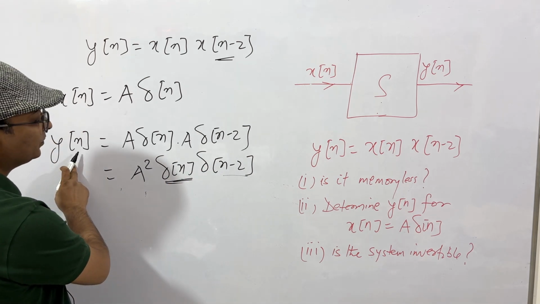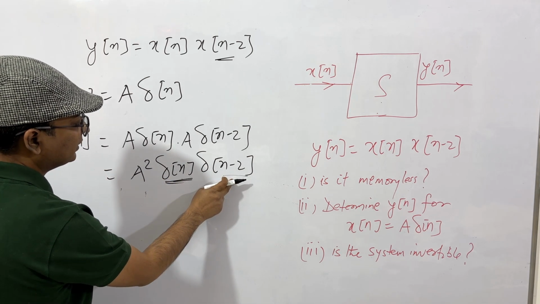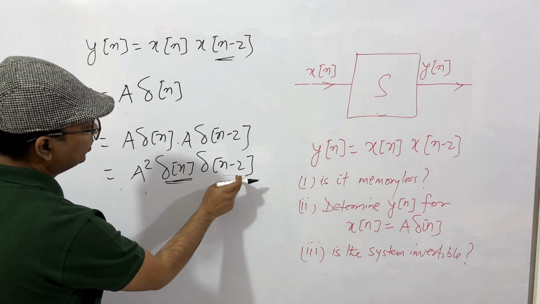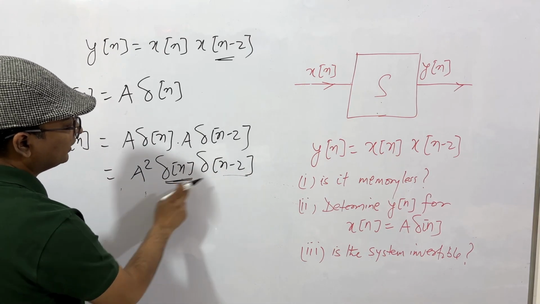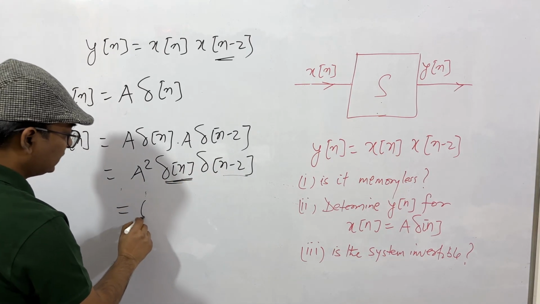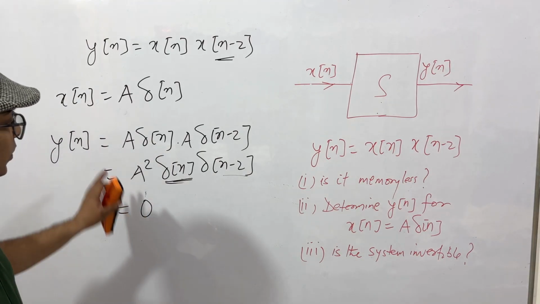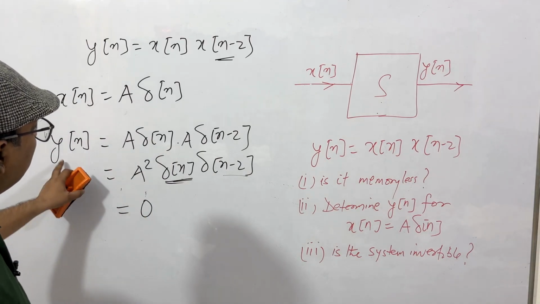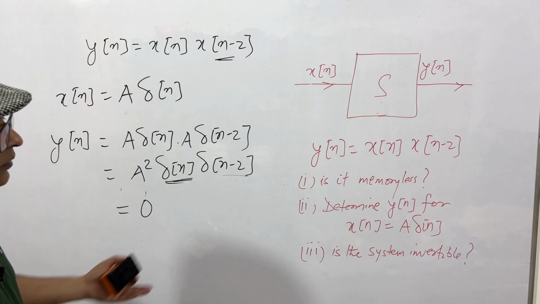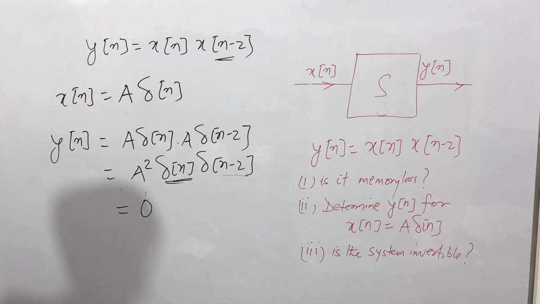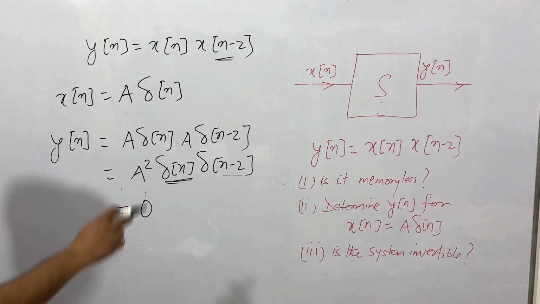So y[n] is 0. At n equal to 0, this is 1 but this is 0, so again 0. At n equal to 2, this is 1, this is 0, again 0. So this value is effectively 0 for all values of n, y[n] will be 0. So we had to determine y[n]. y[n] is this. Clear?